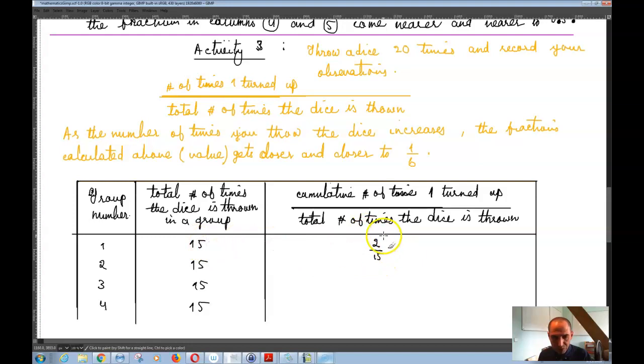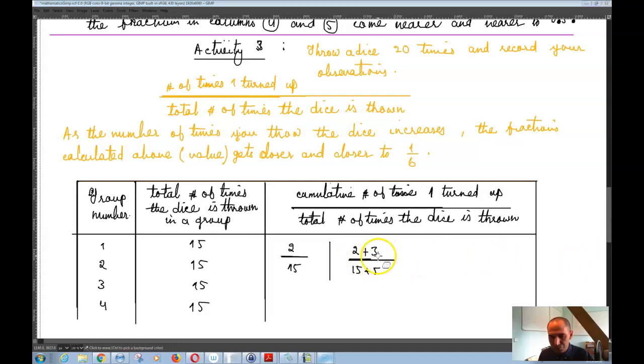In the first round I get number 1 twice out of the 15 times that I throw the dice. The second time I have the 2/15ths, and then I throw the dice another 15 times, and I get another 3 times here.